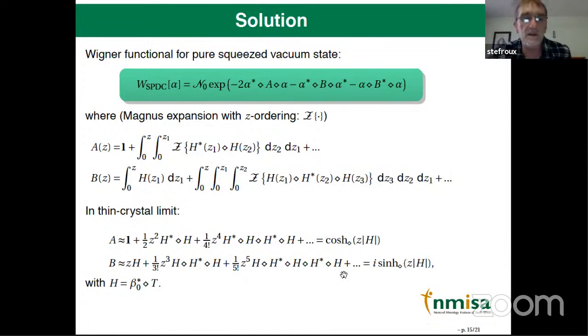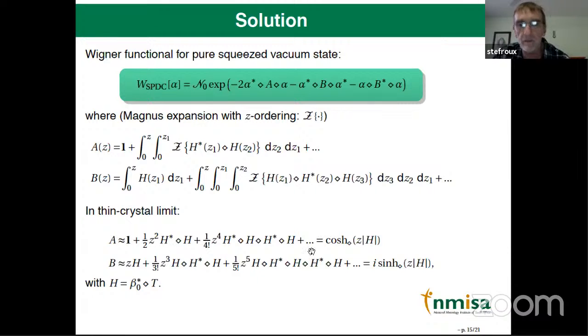Now I'm going to employ another simplification, which is quite valid in most experiments, and that is where we assume that the pump beam has a Rayleigh range that is much longer than the length of the nonlinear crystal. In that case, the H bilinear kernels become independent of Z, and so I can evaluate all these Z integrals, and I just get these factors.